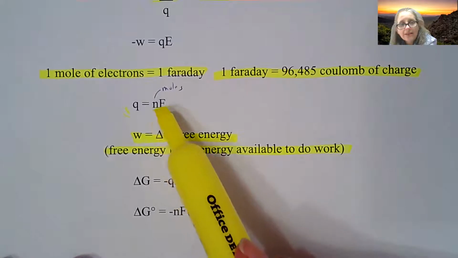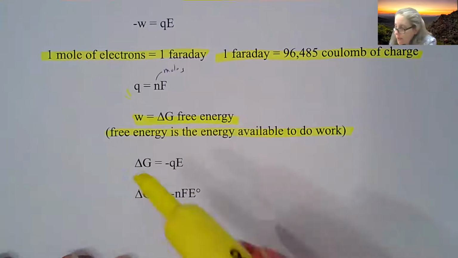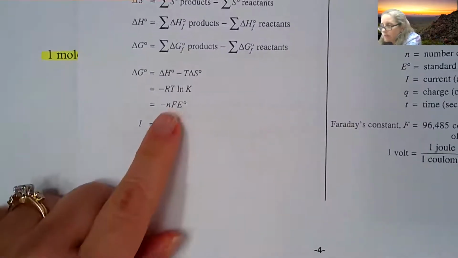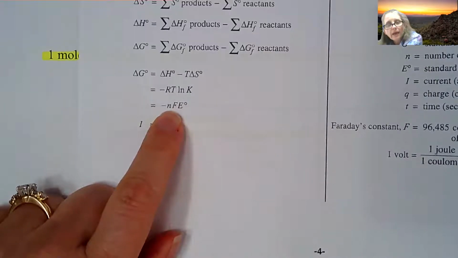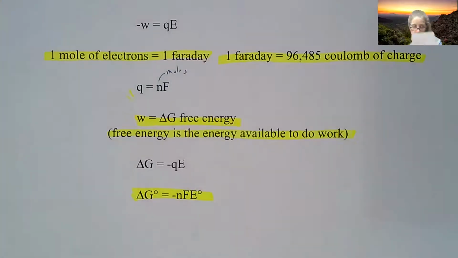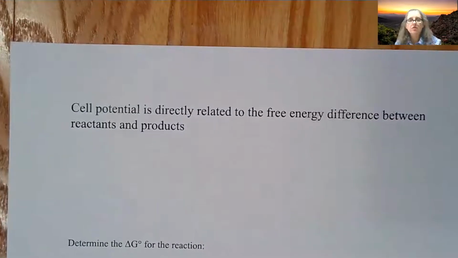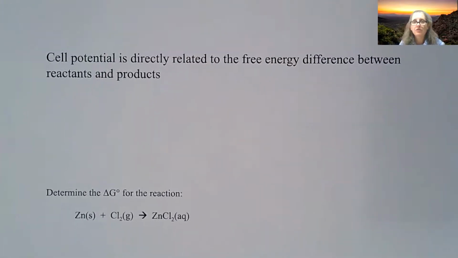Q is equal to N times F. So if I plug this all in, I have this equation here, which is found on your formula sheet: delta G equals negative NFE. And that is the relationship: the cell potential is directly related to the free energy difference between reactants and products.